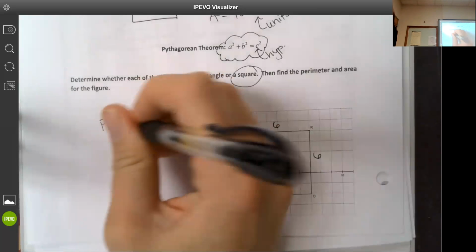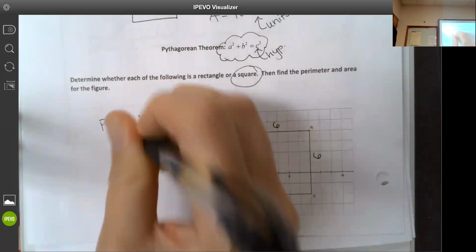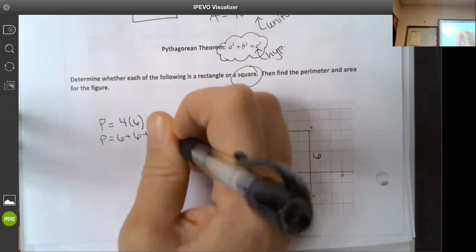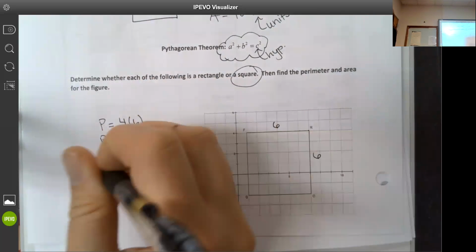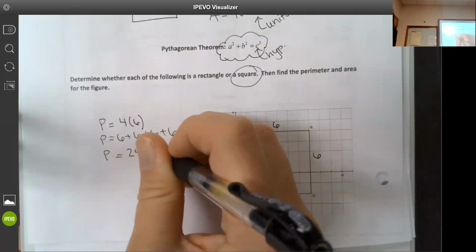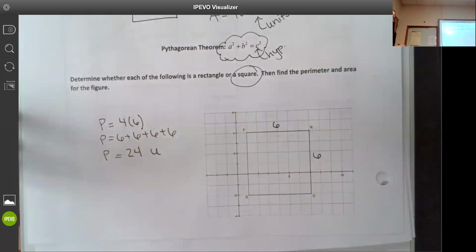So I can just do 4 times 6, or I could have done this, 6 plus 6 plus 6 plus 6 all the way around that shape. And my perimeter will be 24 U for units. Okay, we want to have units with our answer here. So since we don't know inches, centimeters, etc., it's just units on the coordinate grid, 24 units.